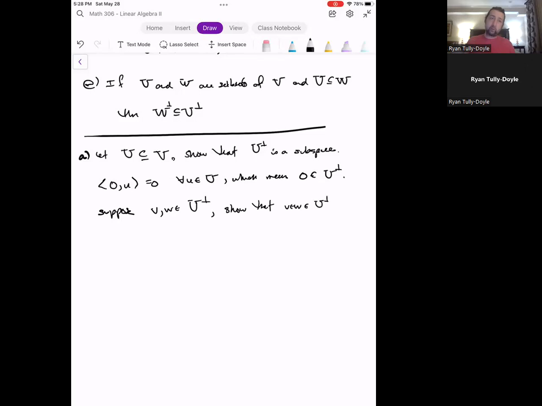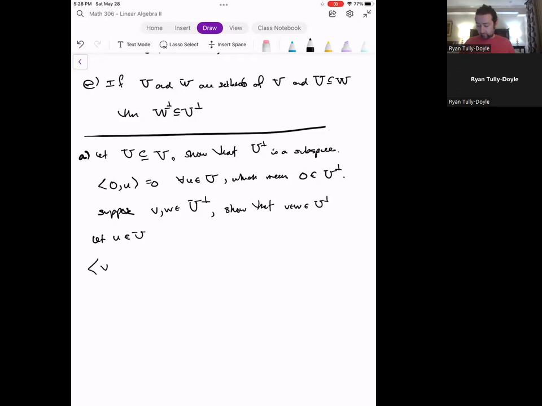It means that you are orthogonal to every vector in U. So we'll start with this expression: the inner product of v plus w with u for some u in U. Really, if we're going to be more precise here, we should be arbitrary and say, let u be any element in U, an arbitrary element in U.